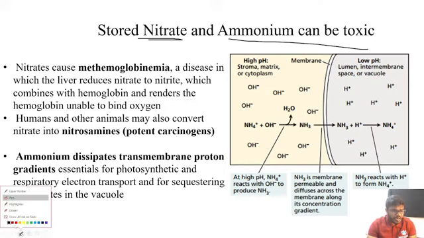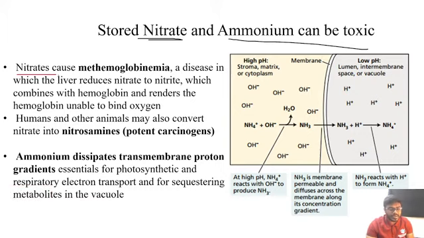So friends, stored nitrates, if I don't use the nitrates and if I don't convert the nitrates, what is happening, friends? Nitrates cause a condition. What do you call that particular condition, friends? Methemoglobinemia. What is this methemoglobinemia? It is a disease in which the liver reduces the nitrate to nitrite.